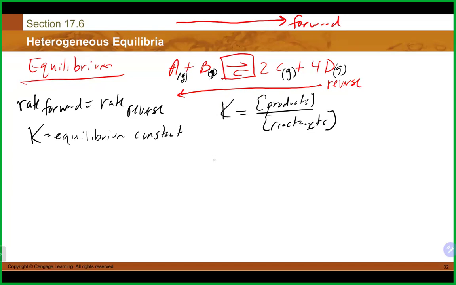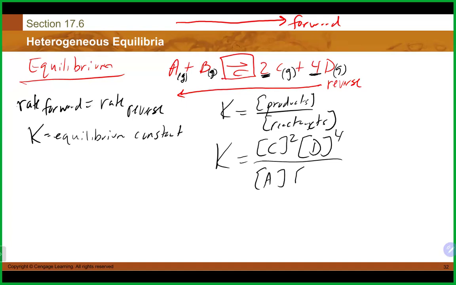So when we do that, we could go K is equal to the concentration of C, I would need to square it because of my coefficient in this equation, times the concentration of D, which I would need to take to the fourth power because of the coefficient, divided by the concentration of A and the concentration of B. This would be, as we talked about last time, sometimes also referred to more specifically as the Kc value, C meaning concentration. You would do all those calculations in molarity, moles per liter.